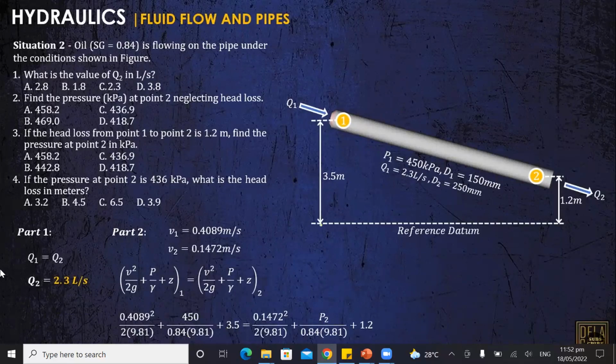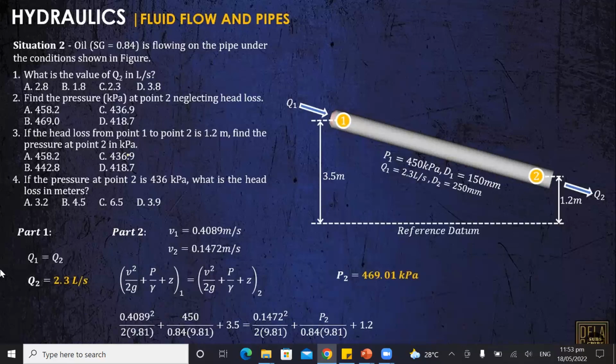Plus the elevation head dito is 3.5 from the reference datum, equals velocity at 2 over 2g plus P2 over gamma of the oil plus the elevation here. Then solve natin si P2. That is 469.01 kPa. Alright? Madali lang.